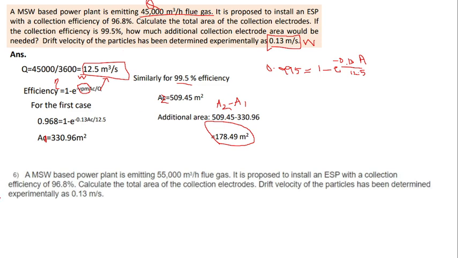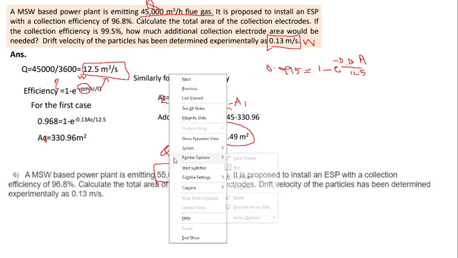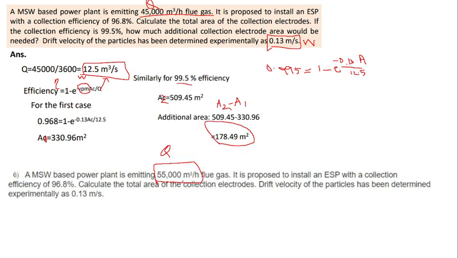Okay. One similar problem is here. The question is given. Please try to solve this one. We will discuss the answer. So the question here is, an MSW based power plant is emitting 55,000 meter cube flue gas. So now the Q given in this question is 55,000 meter cube.